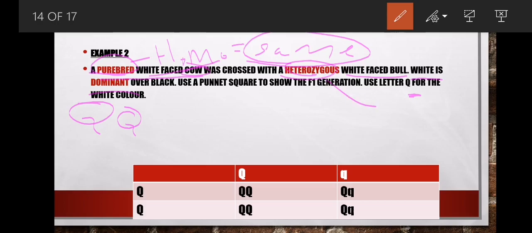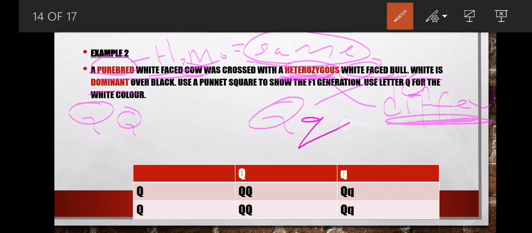Once they say heterozygous, it means the alleles are different. But they say it is white, and white is shown by Q. So for the bull, you will have capital letter Q. What will happen to the next letter? Will it be dominant or recessive? It must be recessive because the alleles are heterozygous, meaning they are different.